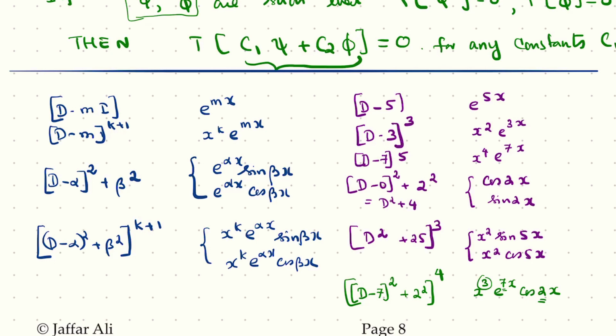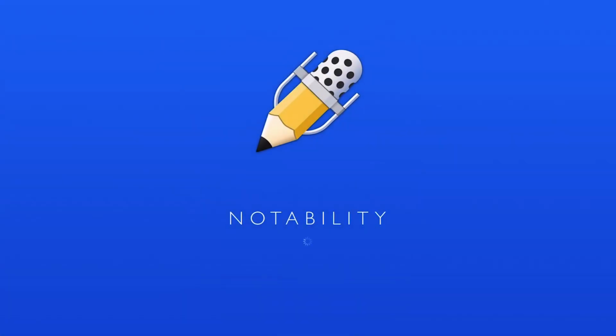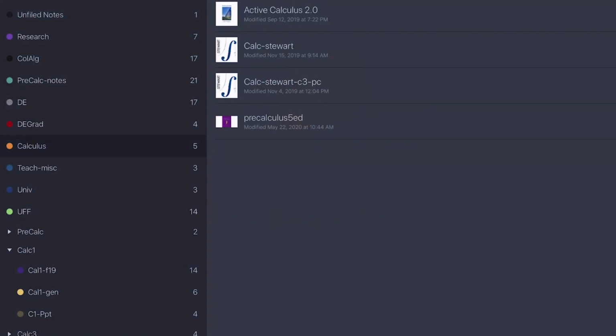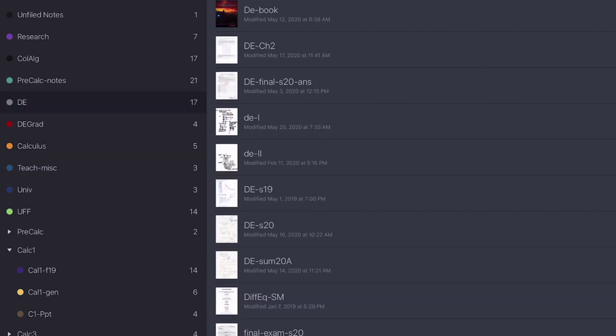And this is your worksheet number 7, right? So there are plenty of problems in there. Let me show you what that is, so you can solve it on your own.